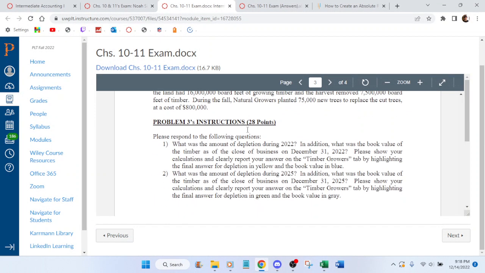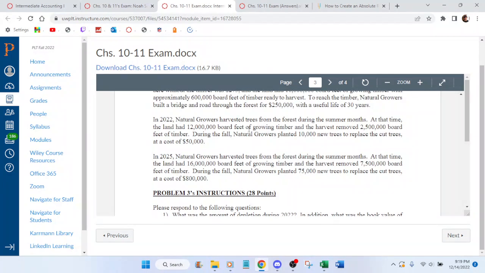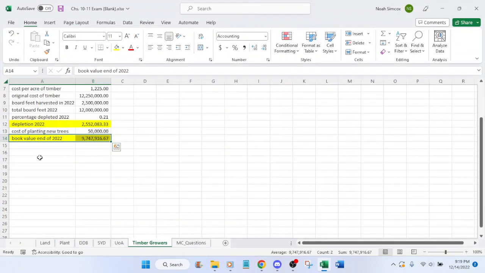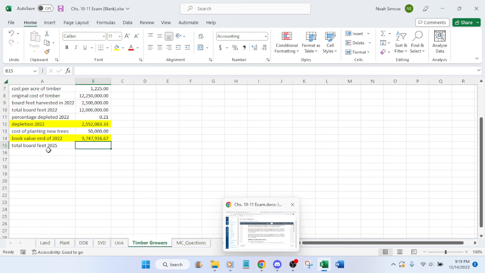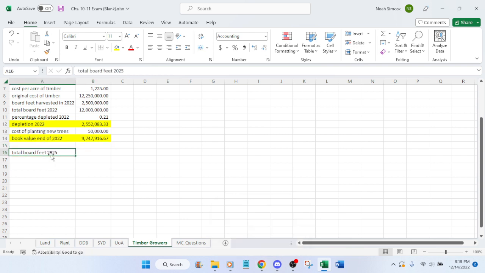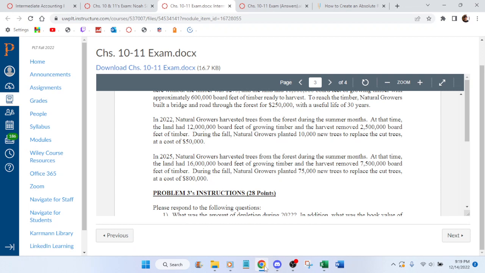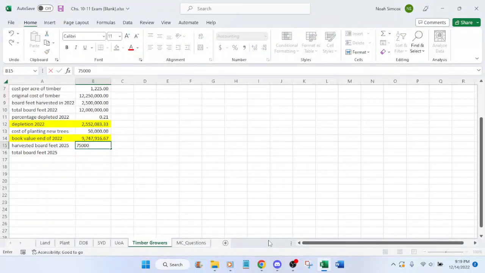$20.25. Okay, so now we do the same steps as before, right? Total board feet 2025 equals what? Maybe we should do it in the opposite order though. Harvested board feet 2025. They've harvested 7,500,000.